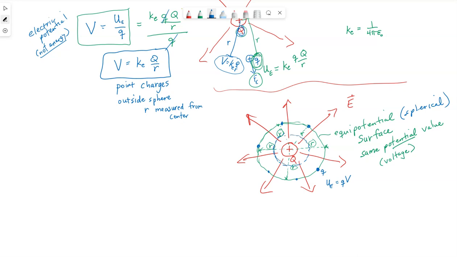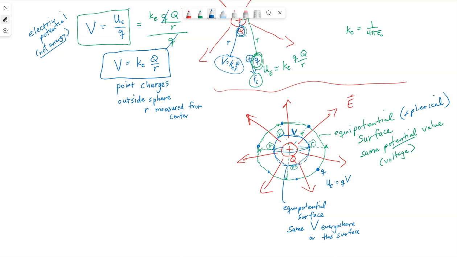If I draw another equipotential surface, everywhere on this surface, which again is going to be spherical, it's going to have the same V, so the same electric potential value everywhere on this surface. It's different than the first one I drew.